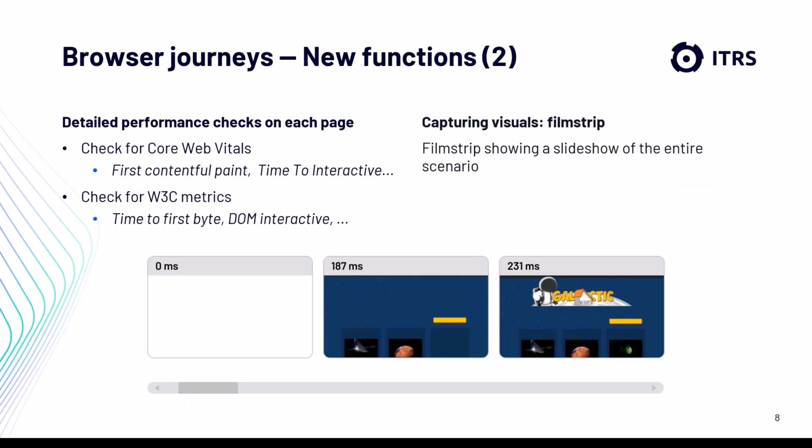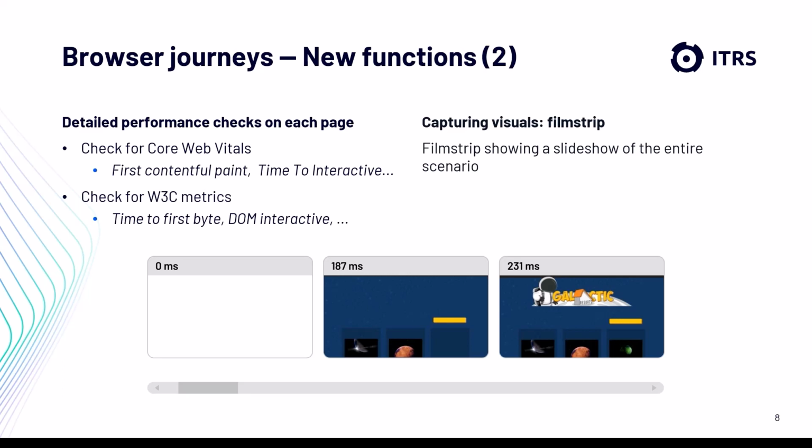We now also let you track popular page load metrics, such as Google's Core Web Vitals and W3C metrics, to get a real good sense for the performance of the pages that you hit during your browser journey on a detailed level. So for example, if we're on a page, how much wait time does a user experience between the last mouse click and the moment they can start interacting with the new page, that sort of thing.